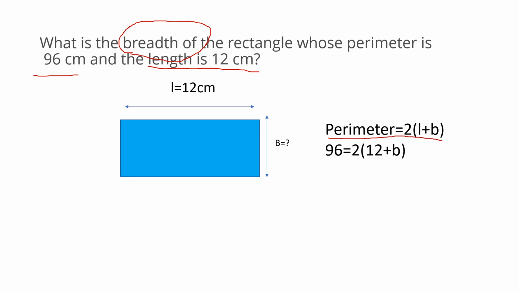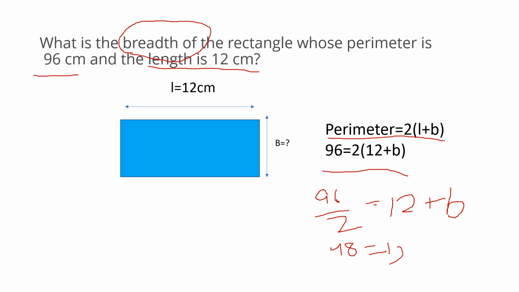Perimeter of a rectangle is 2 times L plus B. That means 96 will be 2 times 12 plus B. Now you can solve: 96 upon 2 equals 12 plus B. So 48 is equal to 12 plus B. And in this way you will get the answer as 36.